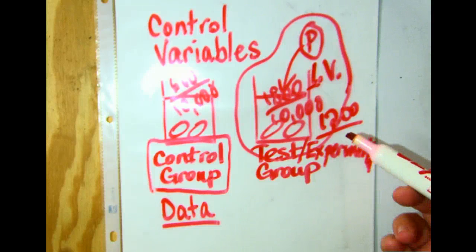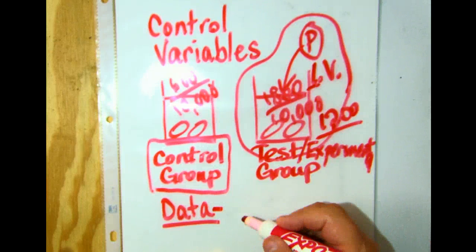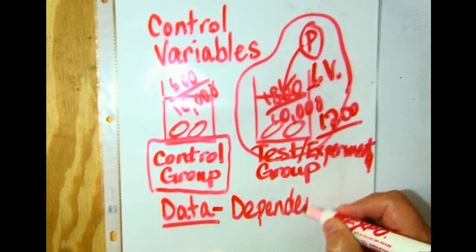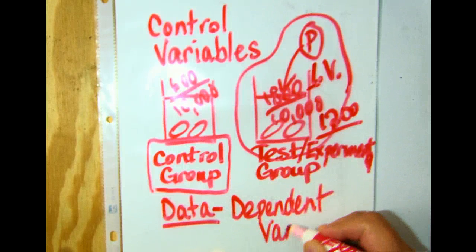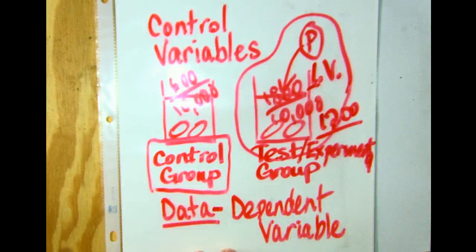And the number of mussels that die, that's our data. And we call that data, or the amount of the information that we collect, we call that the dependent variable. Okay, so those are all of the parts of the experiment that you need to understand.